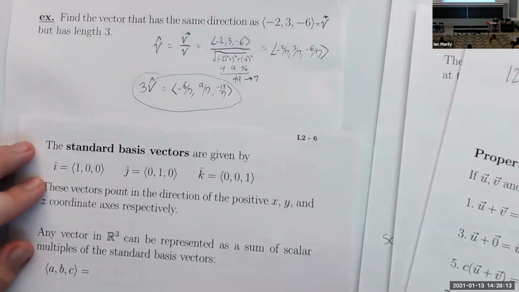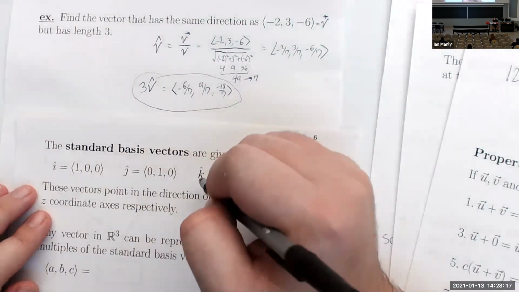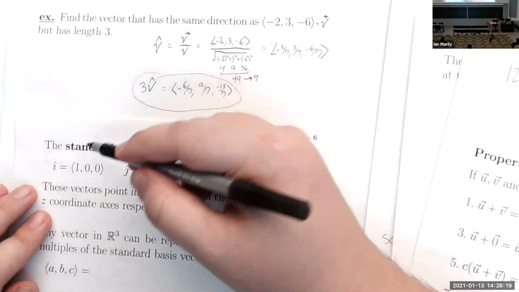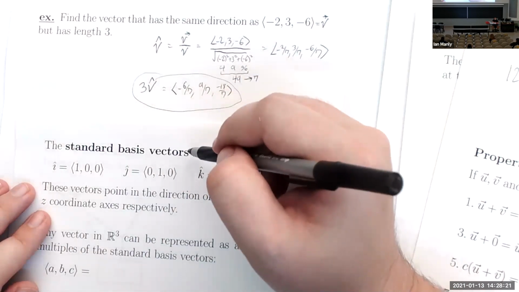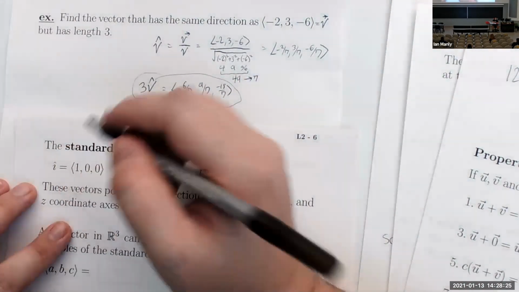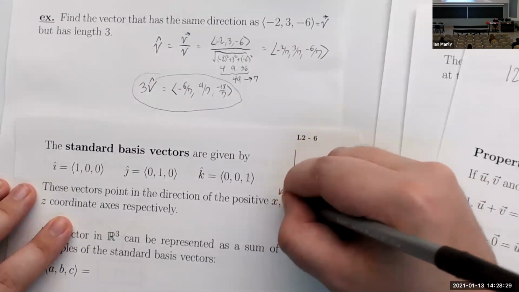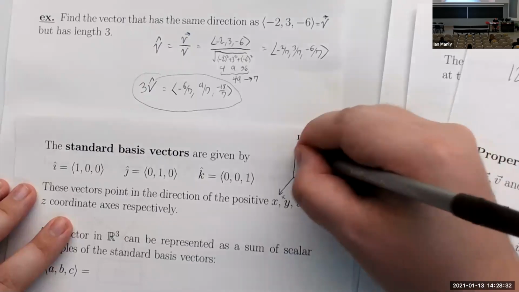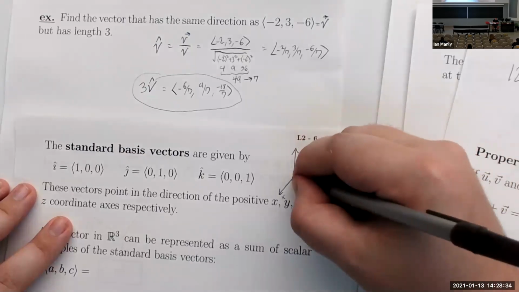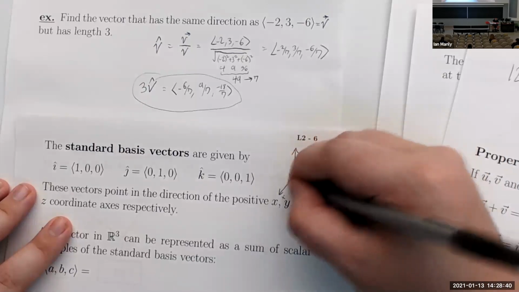Now, another way you may see vectors expressed is in this i, j, k notation. So these are called the standard basis vectors. And so i hat is the unit vector pointing in the direction of the x-axis. So if I put my 3-dimensional coordinate axes here, then i hat is a vector pointing 1 unit in the x direction.